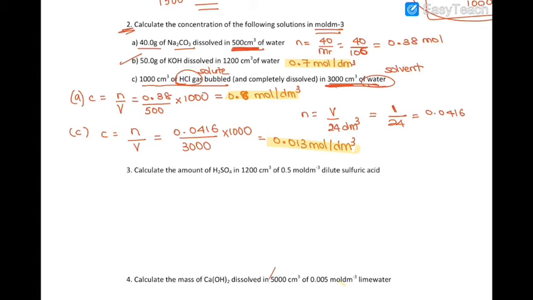Because if someone uses 0.04 instead of this value, the answer is going to be slightly different, so you're going to lose some accuracy marks. So it's better to use the value from the calculator itself. Use answer divided by the volume. Okay?